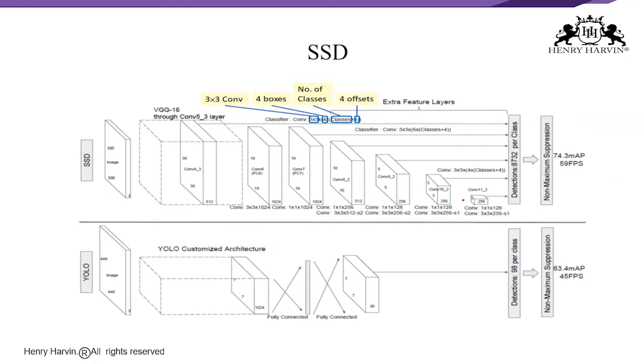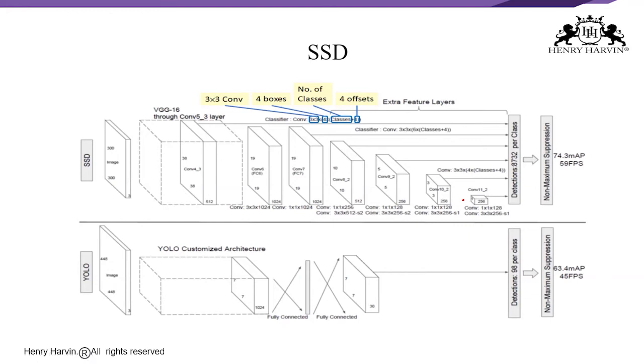Then a 3 cross 3 convolution is applied, so that there are 4 bounding boxes, and each bounding box will have classes plus 4 outputs.